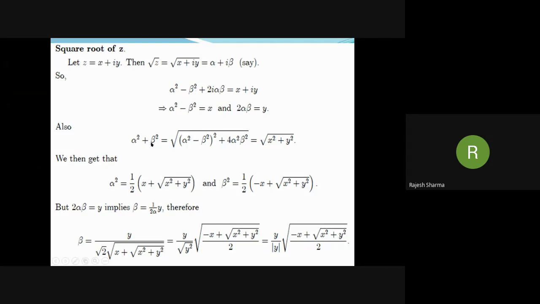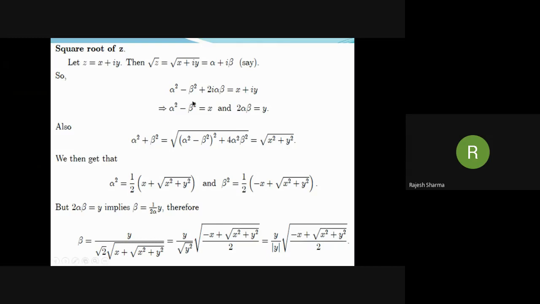Now we can calculate alpha square plus beta square using this relation. This equals the square root of alpha square minus beta square whole square plus 4 alpha square beta square. Now substituting values from here, alpha square minus beta square is equal to x and 2 alpha beta is equal to y. So we have alpha square plus beta square is equal to under root x square plus y square.